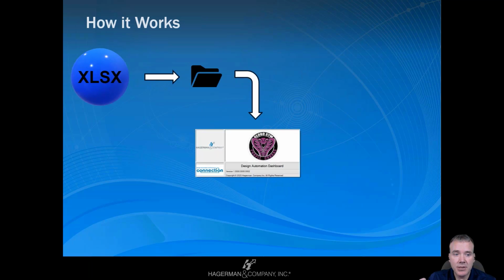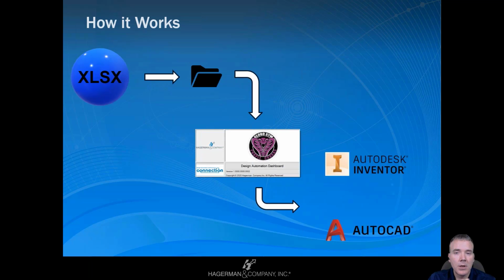Our Automation Connection dashboard reads the contents of that folder, ingests the file, and then talks to Inventor or AutoCAD and says, execute this set of instructions, or in the case of Inventor, open up the model, update parameters that we've specified in this file, right? Generate these outputs, these PDFs, these bills of material, these step files, right? And those outputs go into a folder.